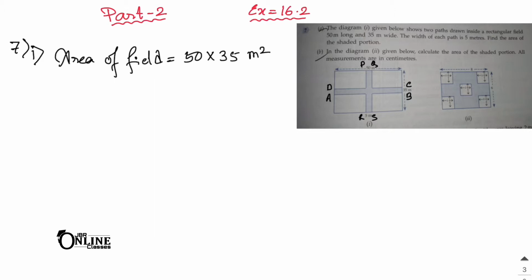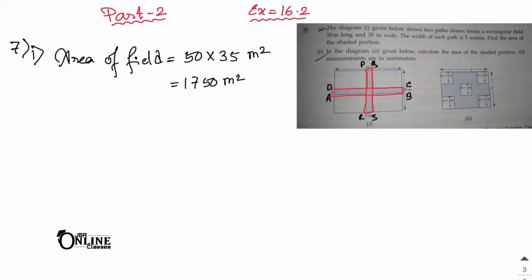So now 50 into 35, that equals 1750. It's very easy. So now the path ABCD is a rectangular portion, as well as PQRS is also a rectangular portion.